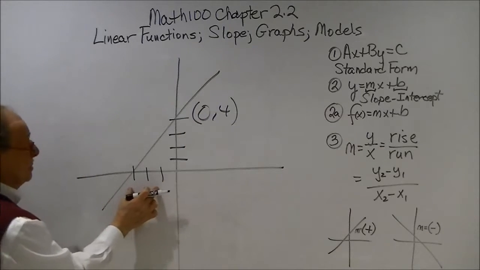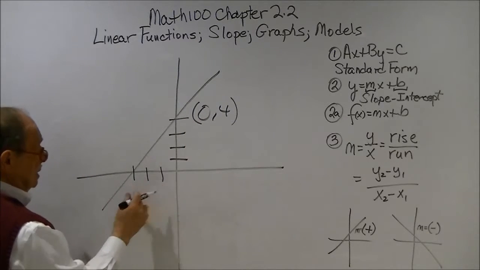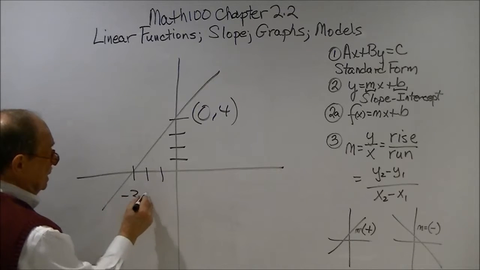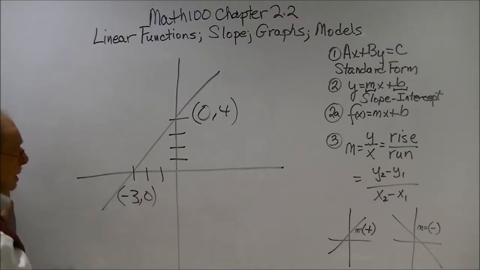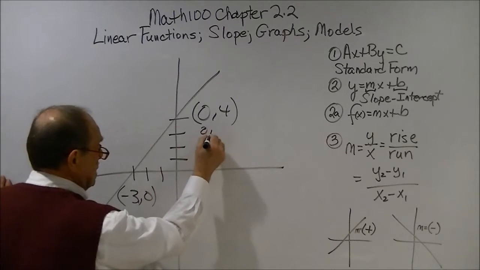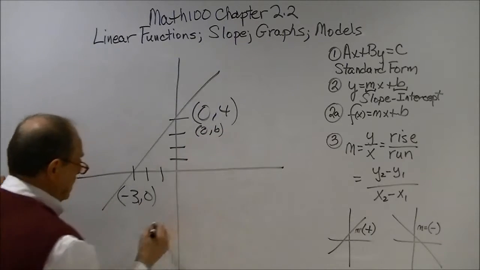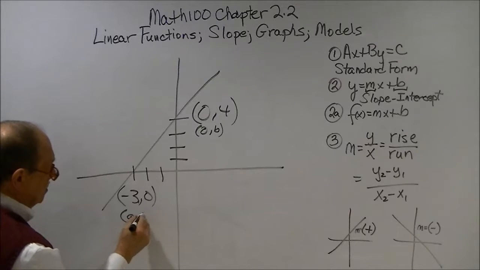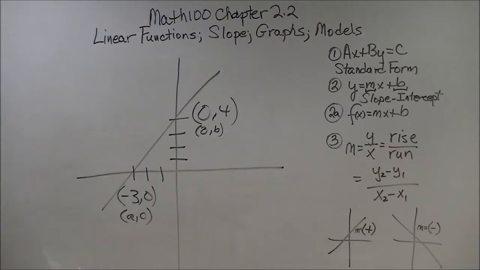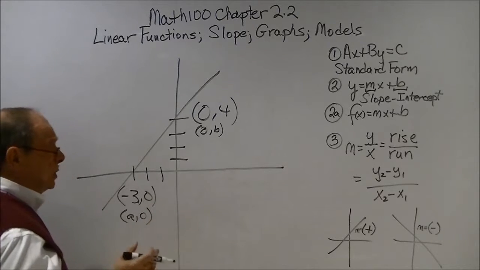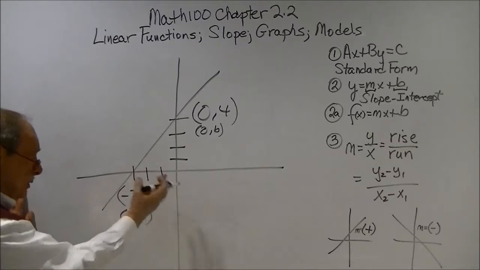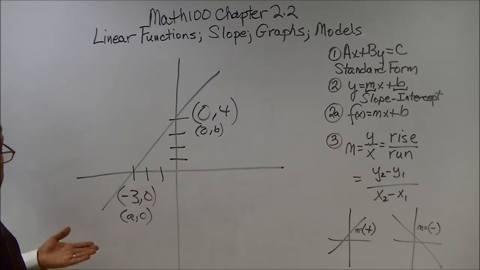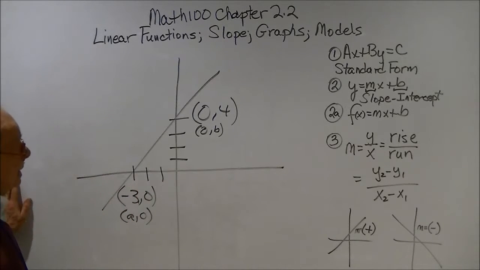And this happens to be your x-intercept, which is -3, 0. Remember, this is 0, b, and this is a, 0. Well, we know that if we know the y-intercept and we know the slope, we can write an equation for this line.